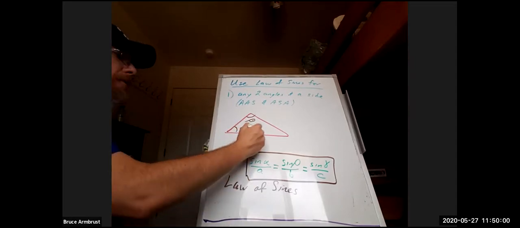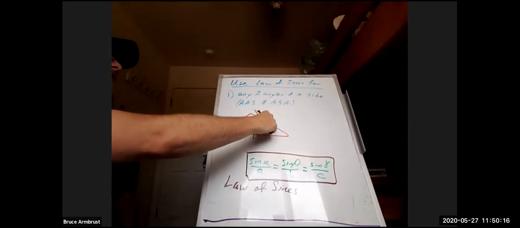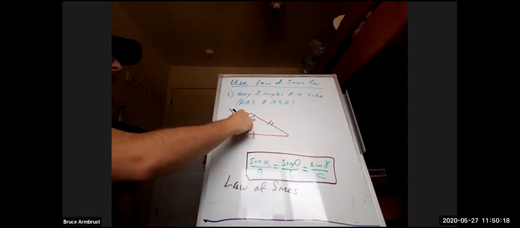So if we were to know one of those 2 sides, this would be angle, angle, side. Read this as going in order, either clockwise or counterclockwise, what information we have. So it would be angle, angle, side. Or if we go the other direction, angle, angle, side.